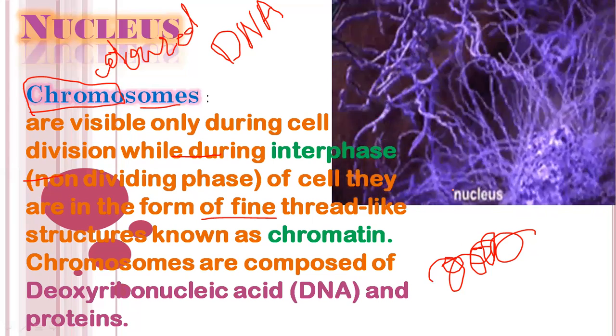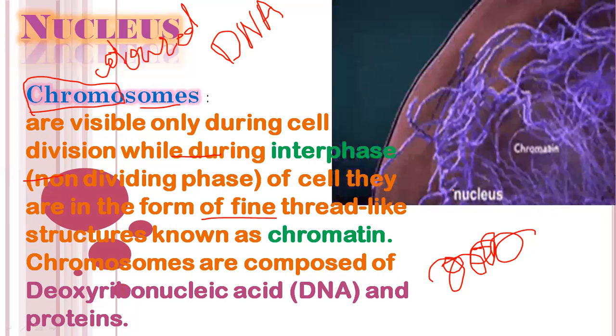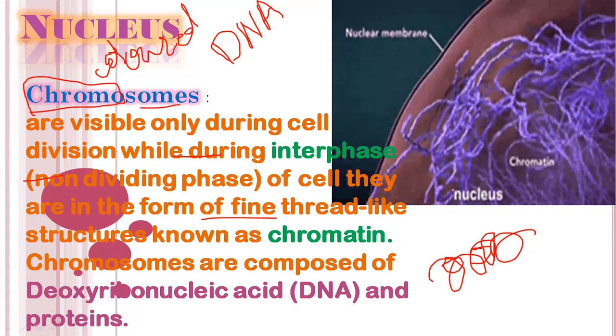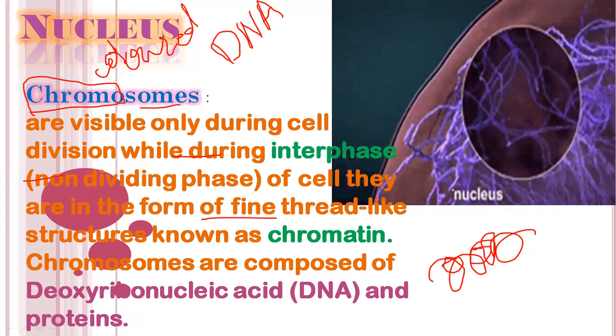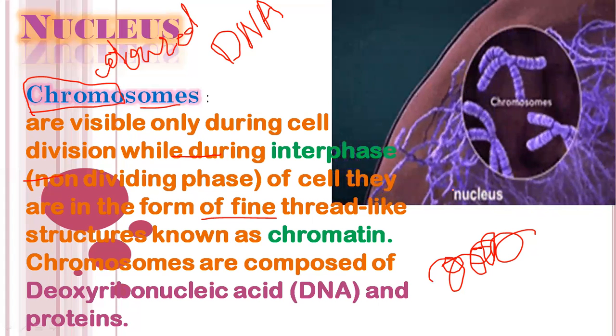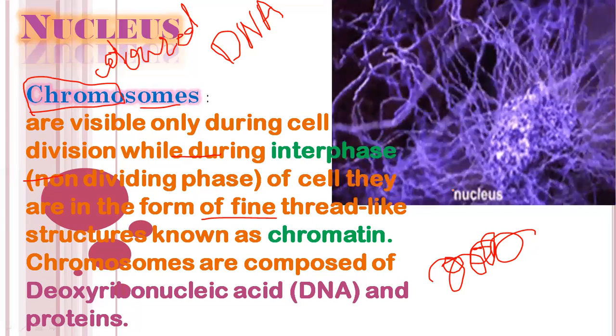We will talk about these RBCs, red blood cells, in the last chapter of this book, chapter number 9, inshallah. So don't worry about that, inshallah we will talk about them also.